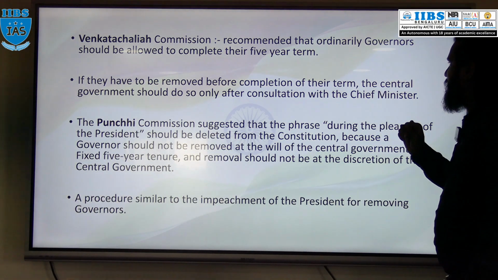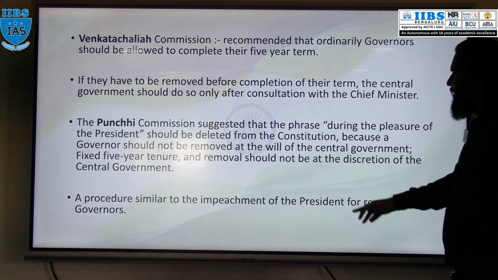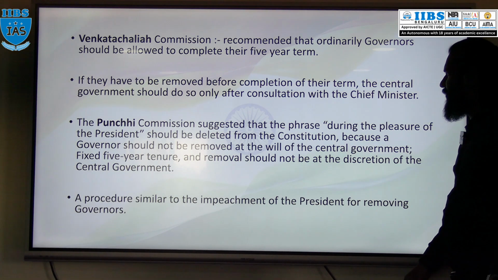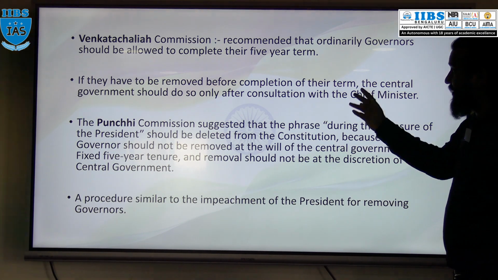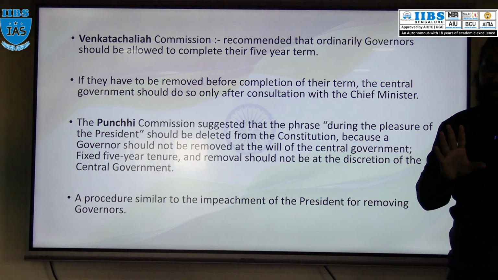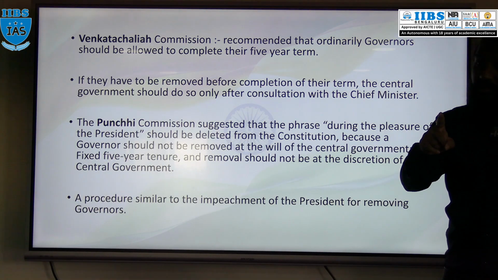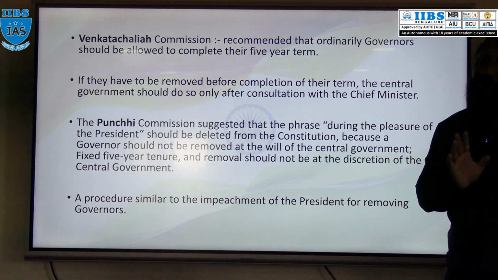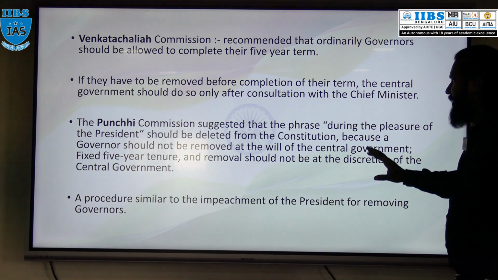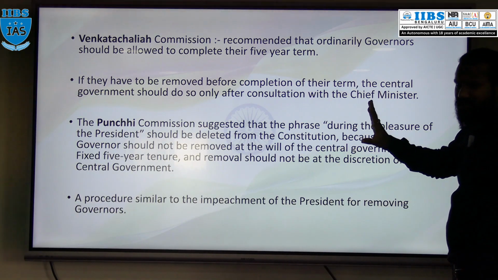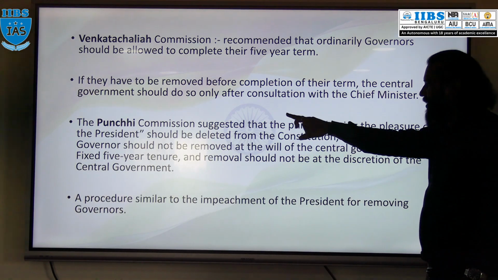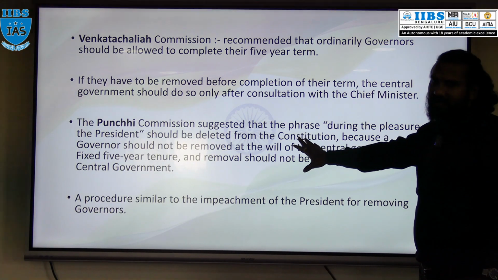Then the Venkatachaliah Commission also gave a recommendation. It is similar to Sarkaria: the governor should complete the 5 years of time. If the governor is removed before the tenure of 5 years, in rare cases, the president should consult the prime minister before removal. Those were the recommendations. Then the Punchhi Commission also suggested that the phrase in the constitution, during the pleasure of the president, should be deleted.